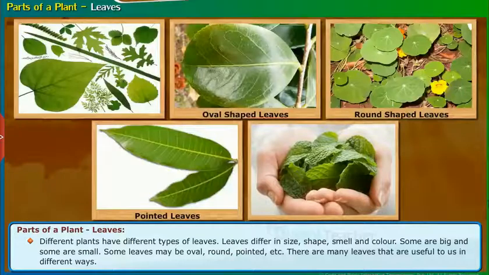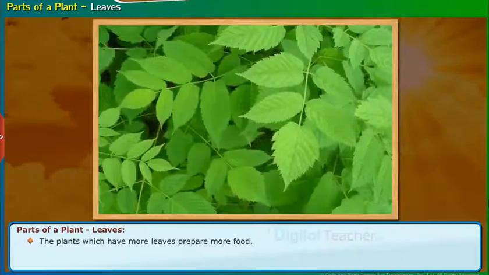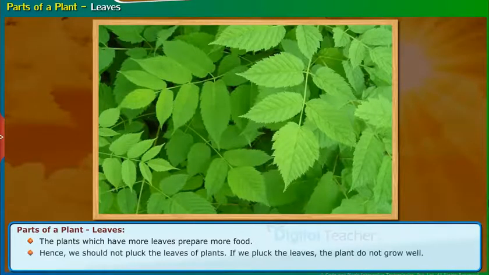There are many leaves that are useful to us in different ways. Leaves have a pigment called chlorophyll. It gives leaves the green color. It also helps leaves to make their own food. The plants which have more leaves prepare more food. Hence, we should not pluck the leaves of plants. If we pluck the leaves, the plant does not grow well.